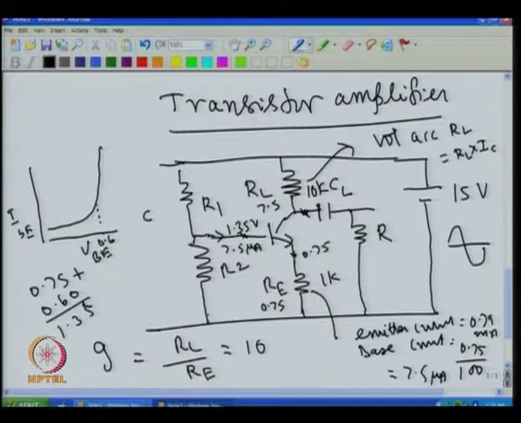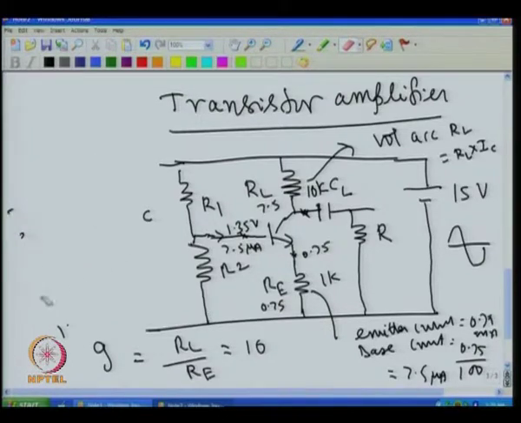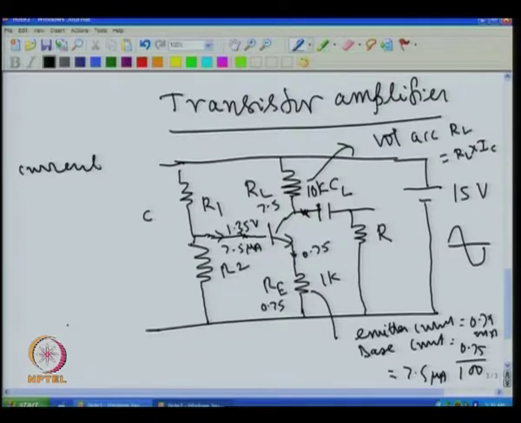So, essentially now I need the current through R1 and R2. The current through R1 and R2 will be 75 microamps.